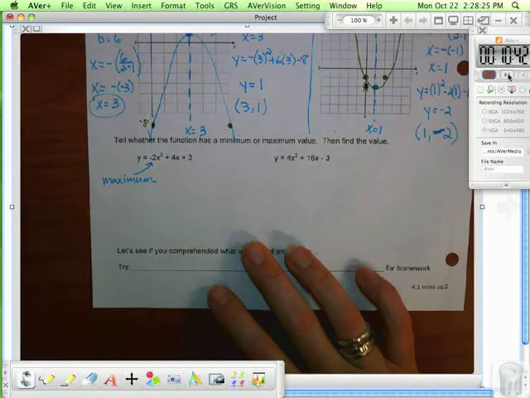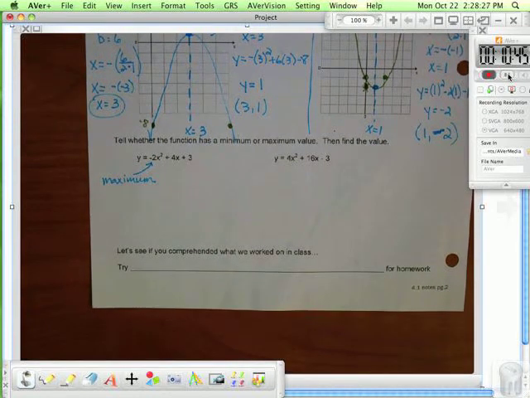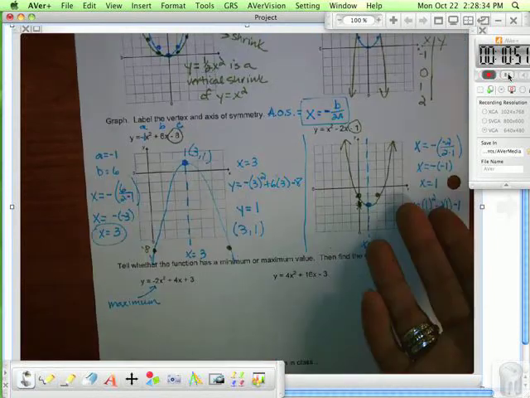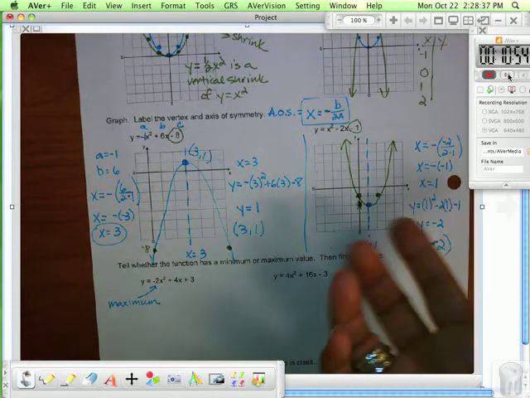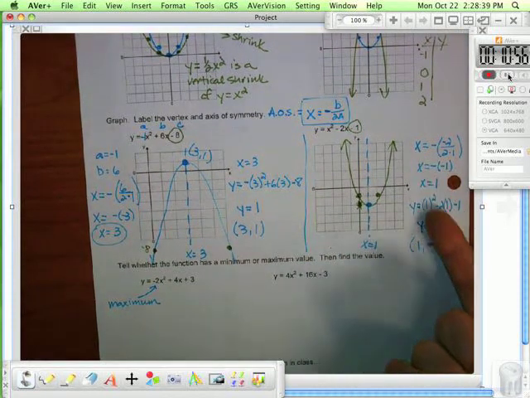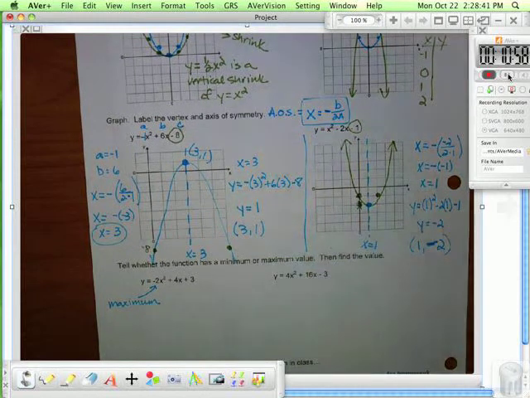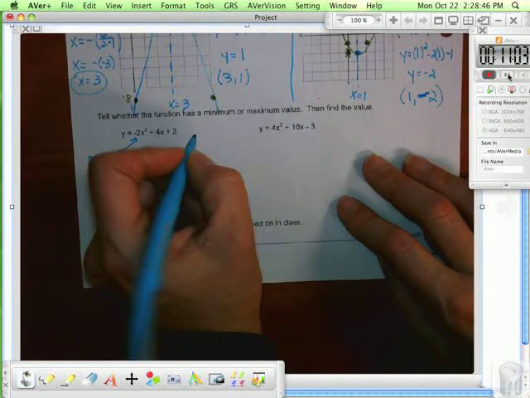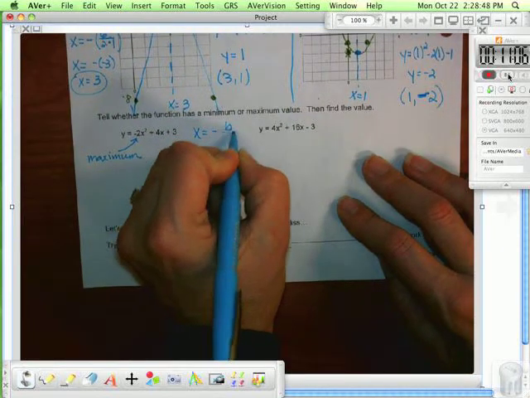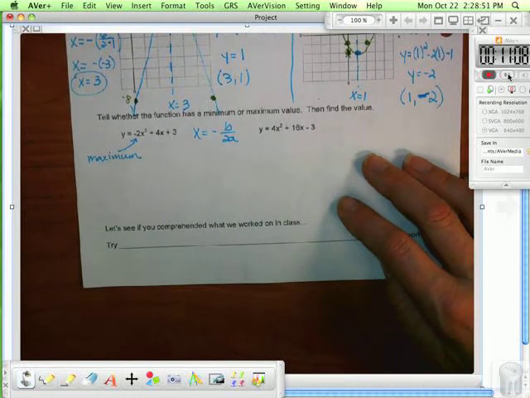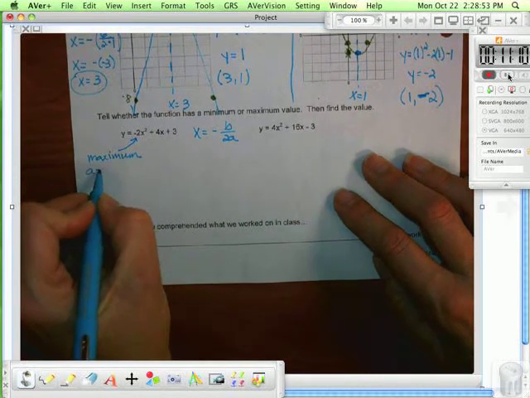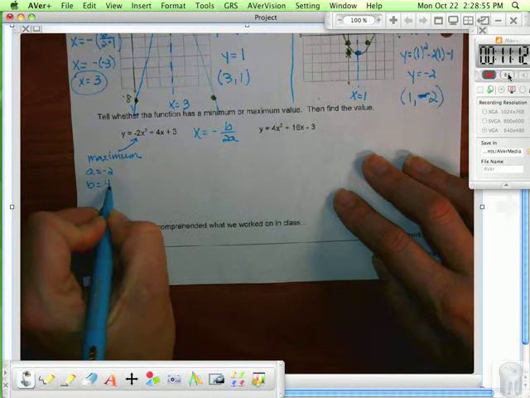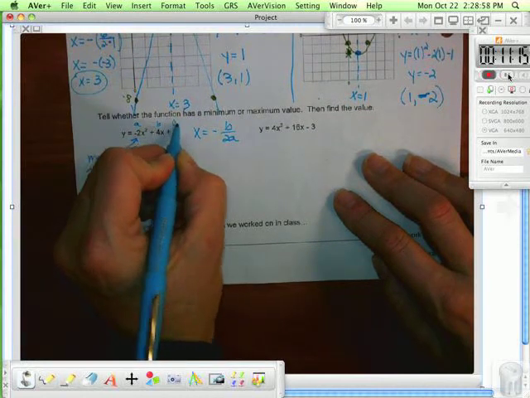Okay, so how do you find that maximum value? It's the y-coordinate of the what? Vertex. So y-coordinate of the vertex. So you just do exactly what you were doing up here. First we have to find the x, and then we plug it in and get the y. Just like you did here. So we're still going to use this, and we're just going to plug it in. A is -2. B is 4. Remember A, B, and C. Okay?